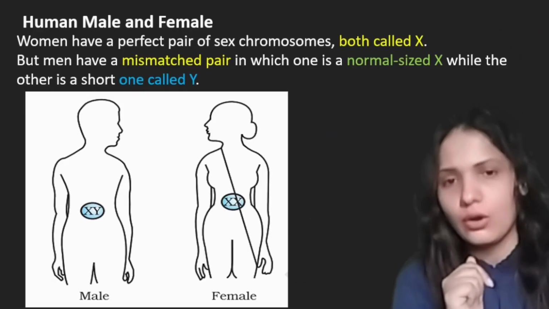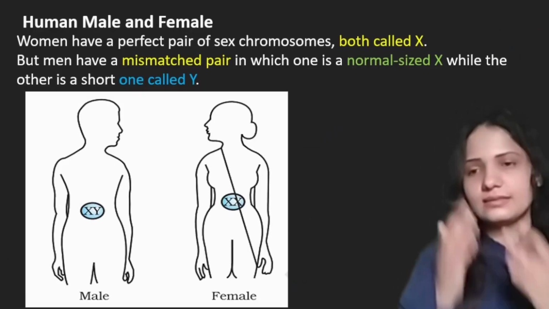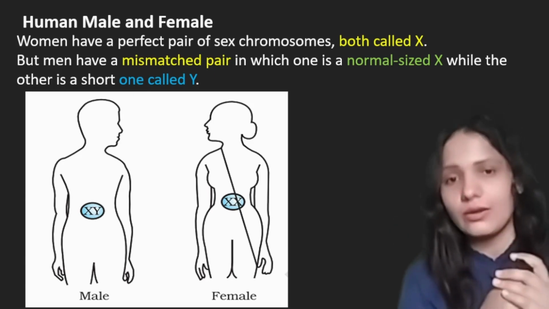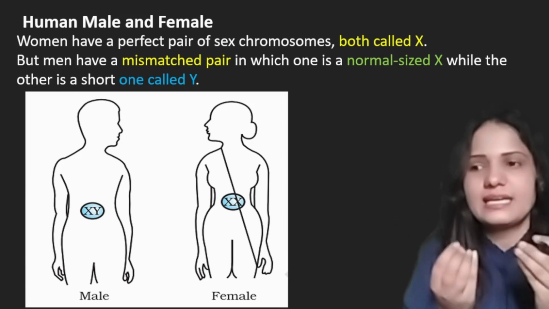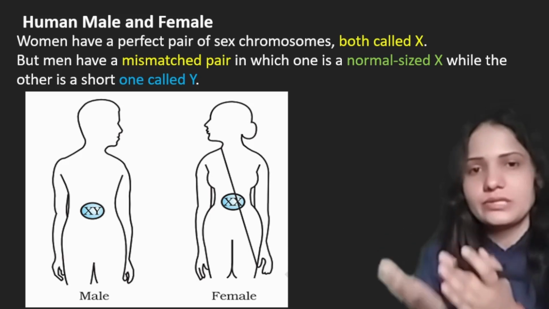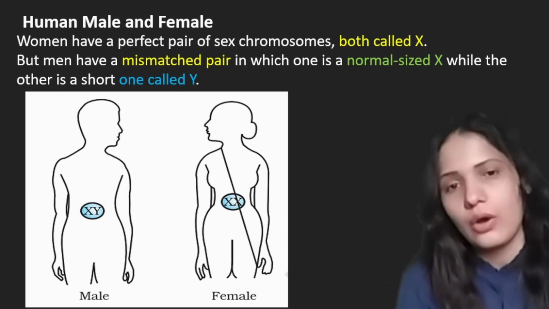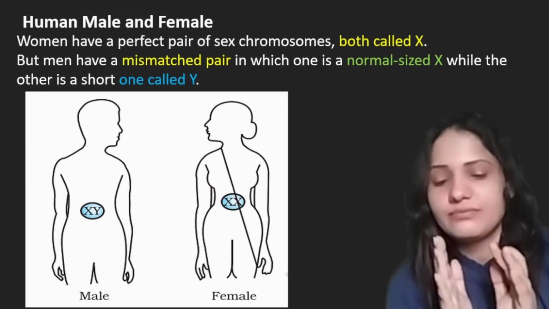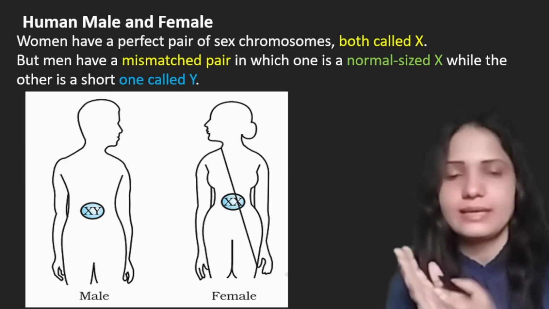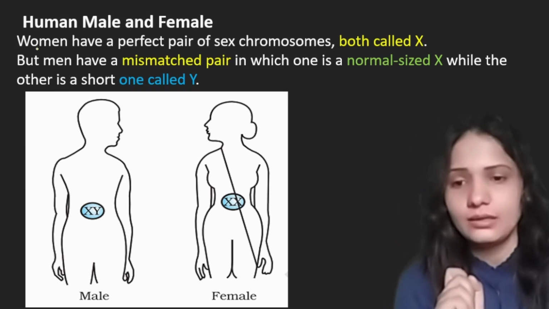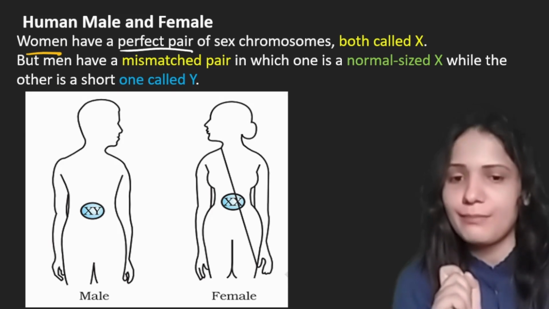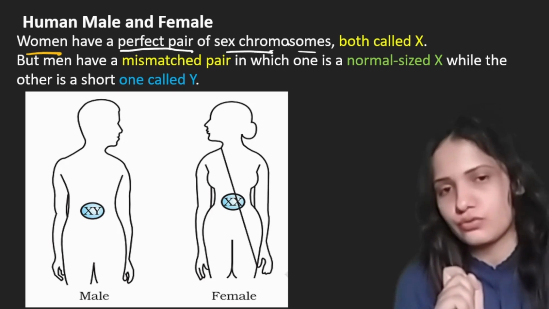Human male and female. On what basis will we say that this person is male and this person is female? On what criteria will we say that this individual is a boy and this is a girl? On the basis of sex chromosomes, we will differentiate persons as male and female. If you see, in case of women, we have a perfect pair of sex chromosomes.